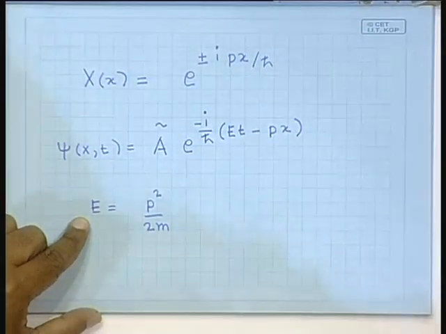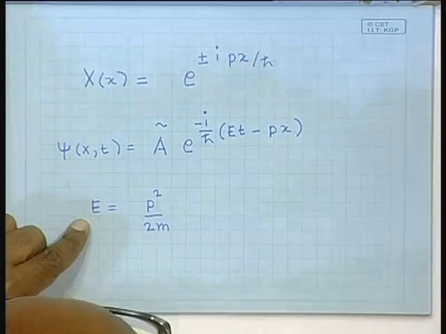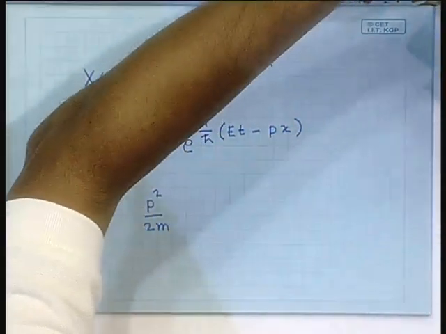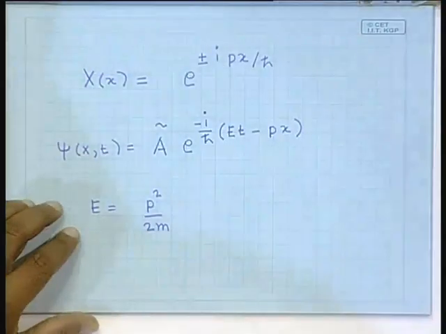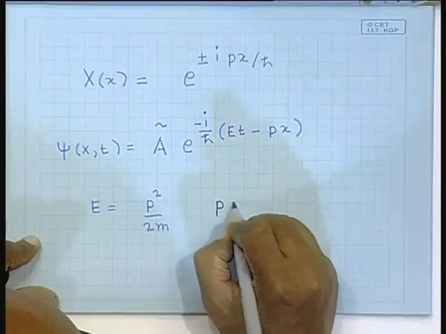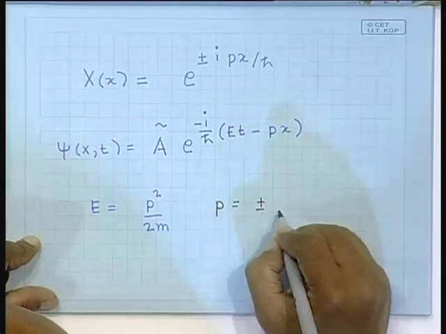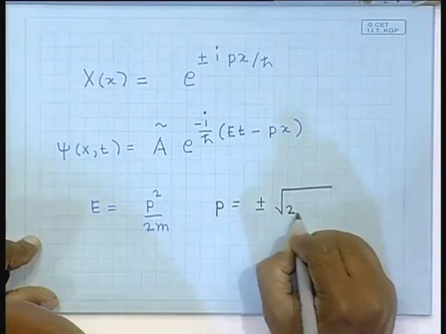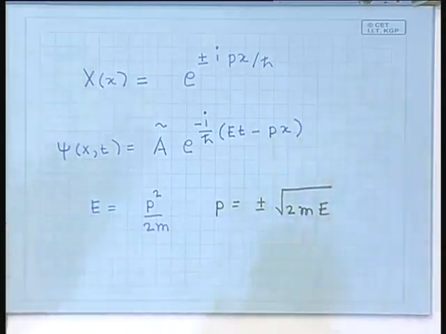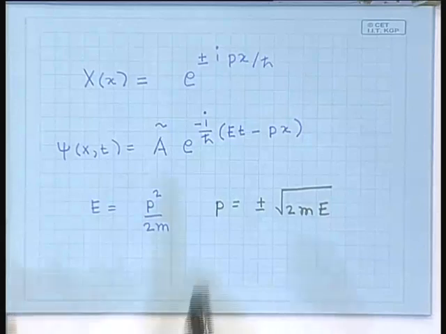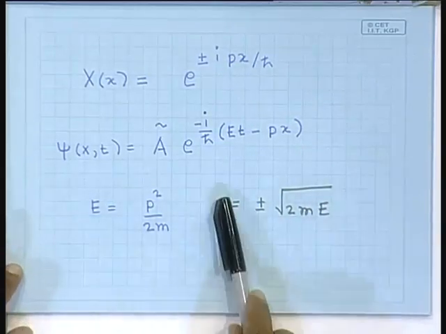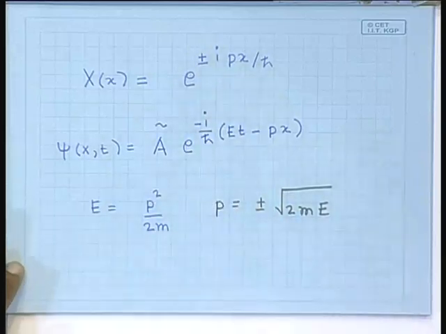positive, it cannot be negative, and the reason for this is as follows. The constant E is related to the constant P over here. So, P is equal to plus minus square root of 2mE, and till now in our discussion E and P are both arbitrary constants which are related to one another, and they essentially fix the dispersion relation for the wave.